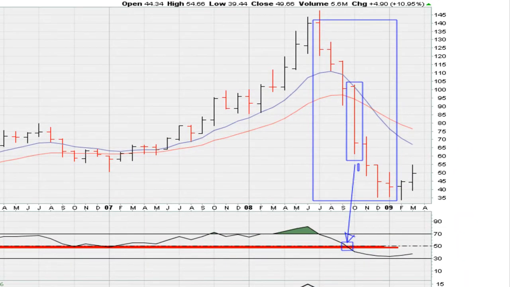It also corresponds with the RSI moving below 50 on the monthly time frame. We can also see another move right there below 38.2, which accelerated the move lower. So all this was suggesting that this market was in trouble in late 2008.